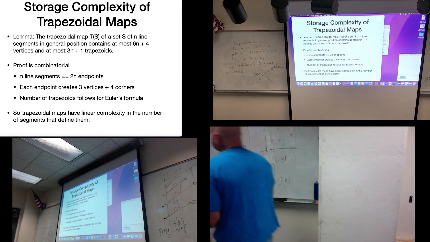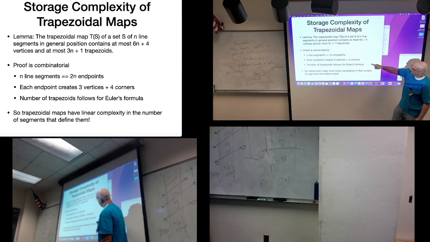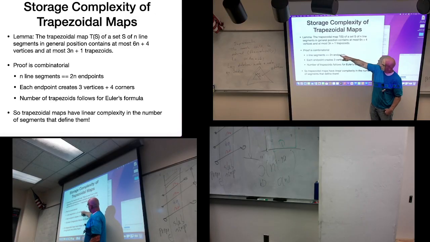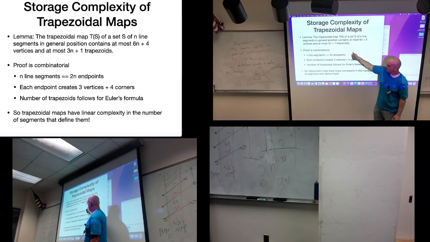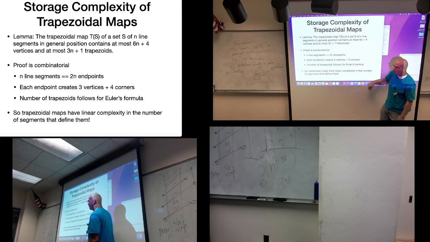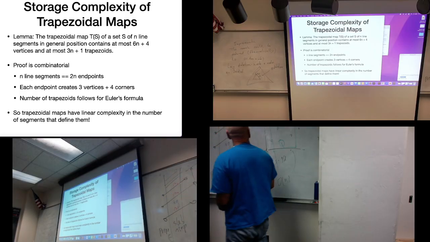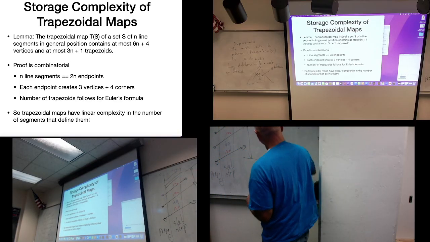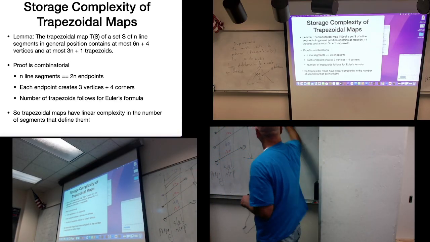But since we are going to use it, let's look at it a bit more closely. I have 2n endpoints of the segments. No two happen at the same x coordinate. Each endpoint can create 3 vertices and 4 corners. How can an endpoint create a corner of a trapezoid?